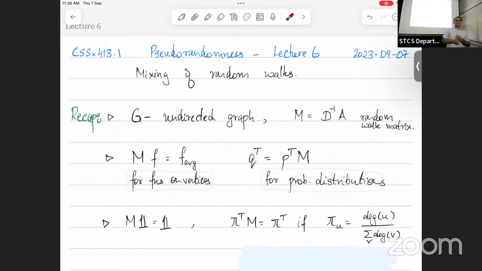So when are they the same? For instance, if M is a symmetric matrix, then you can think of P transpose M as just the transpose of M transpose times P. So if M transpose and M are the same, then the diffusion behavior and the random walk behavior are basically the same. This is the reason why, when you're dealing with regular undirected graphs, things are super nice, because you can freely move between the row perspective and the column perspective.